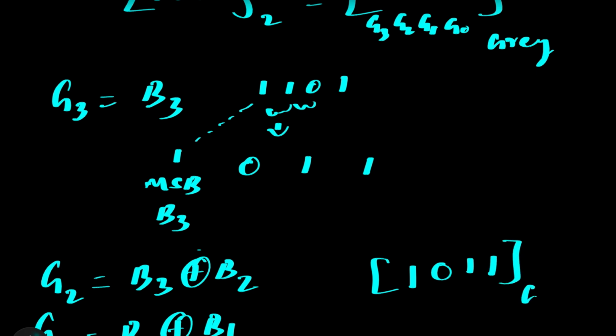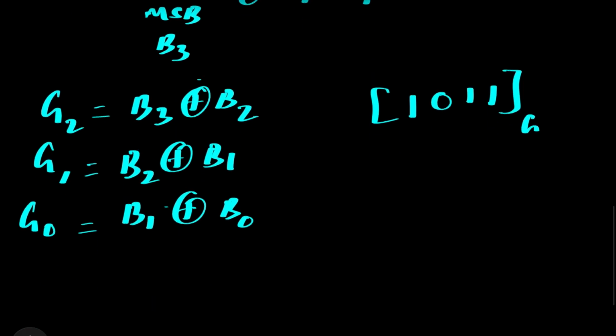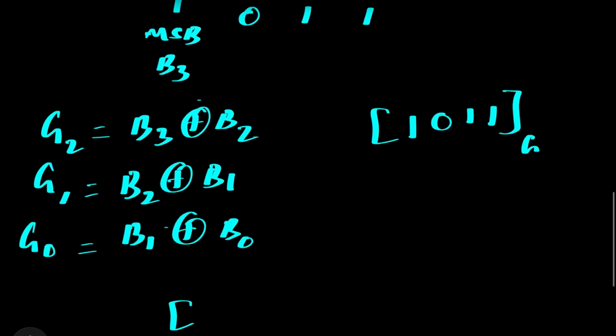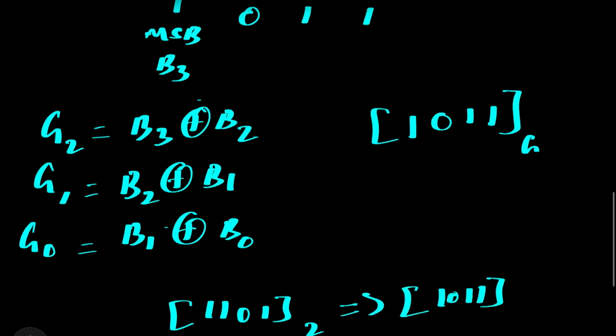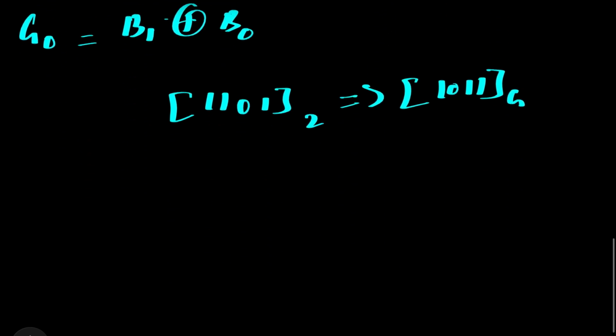To make it a clear final answer, the given number is 1101, which is in base 2, and now we have made it into the gray code representation. So this is how the gray code representation is carried out.